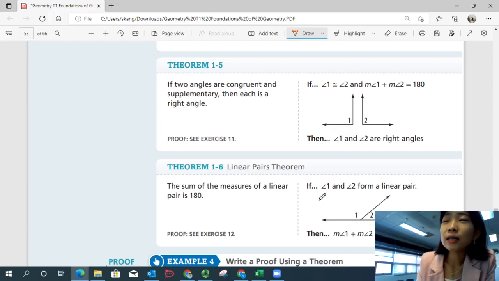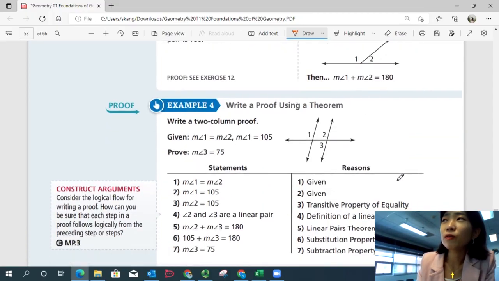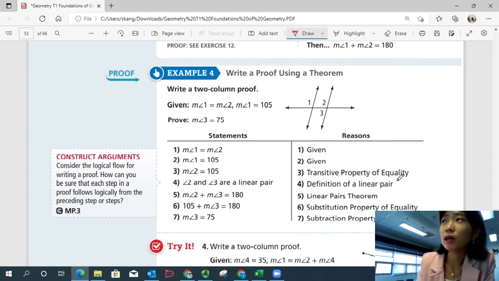So if you have a linear pair, that means there's supplementary angles, and if you get a sum of that, that's 180 degrees. You know that, but we are going to prove that in order to reason that out and prove other things.